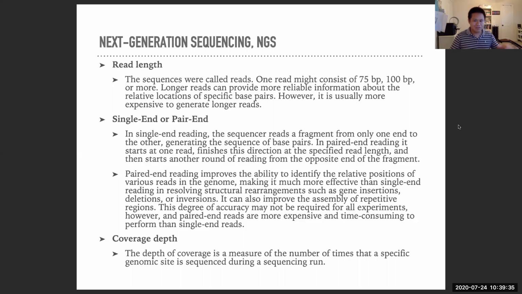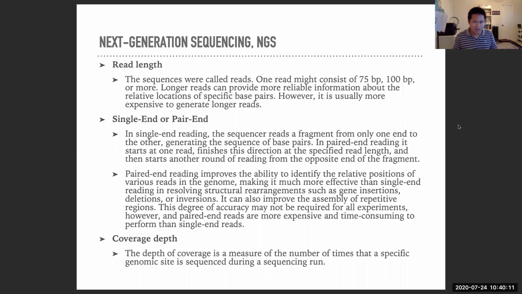Another concept in sequencing is single end or paired end. In single end, the fragment is only read by the machine once, from one end. Paired end means the sequencer reads a fragment from both ends. Let's say you have a fragment that is 250 base pair, and you are sequencing single end 150. The sequencer will give you 150 base pair from the left end. That's what you get.